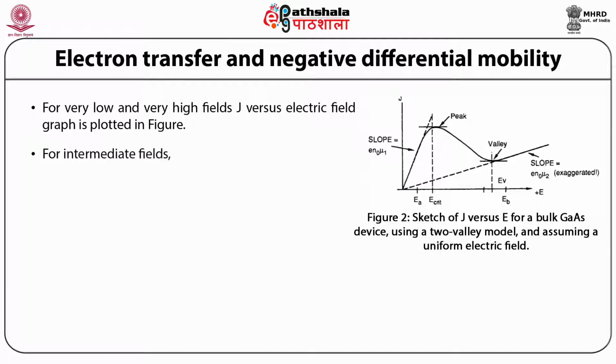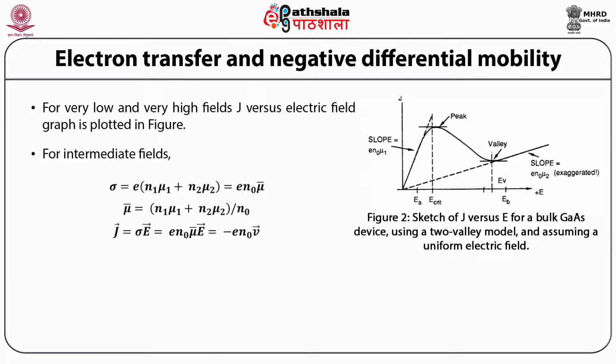For intermediate fields, sigma is e(N1 mu1 plus N2 mu2), equal to e N0 mu bar, where mu bar is (N1 mu1 plus N2 mu2) by N0. Now J will be equal to sigma E. It is equal to e N0 mu bar E vector, which is equal to minus e N0 V vector.